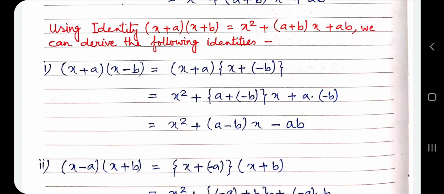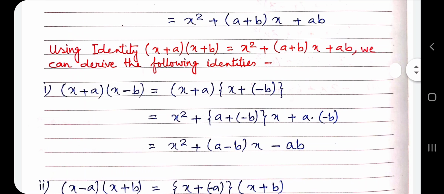So we will write the result directly here. Okay, x square plus a plus b. Here it is a plus b, so we will write a as a, but b is minus b.